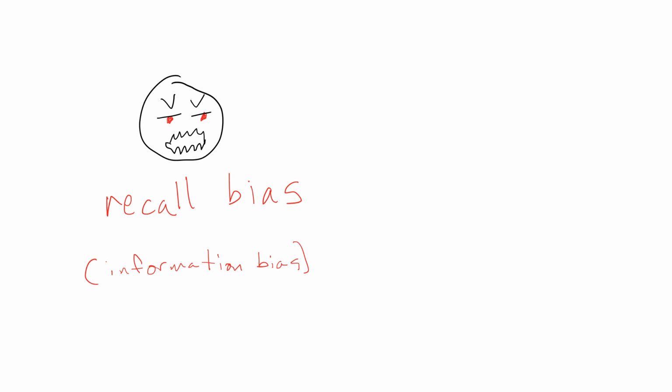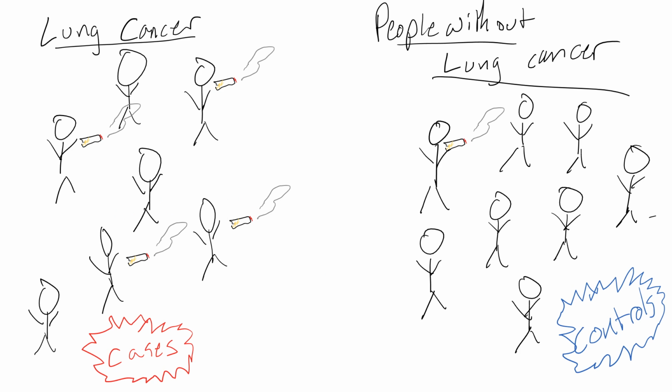A third common type of bias in case control studies is recall bias, which is a type of information or measurement bias. It's often true for case control studies, like in our example, that participants are asked to recall the extent of their exposure to the exposure variable of interest. For example, participants are asked to recall their history of smoking.